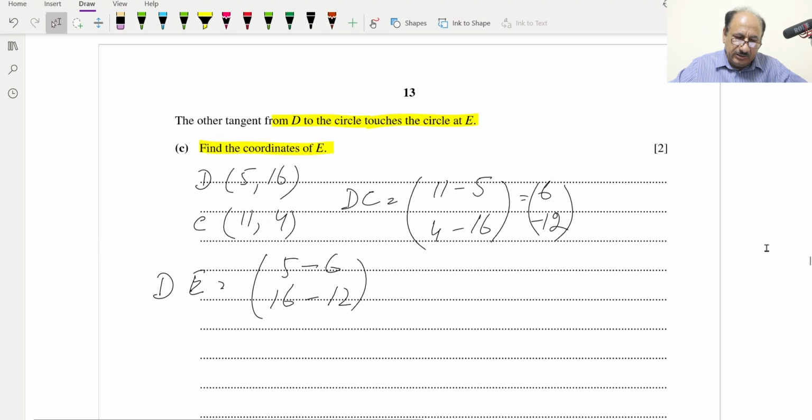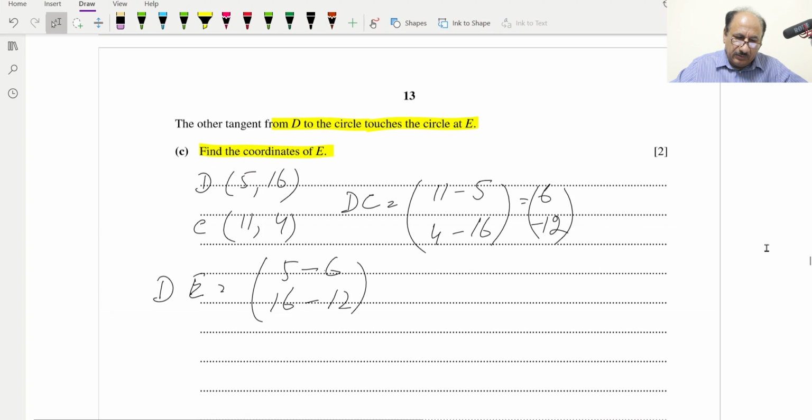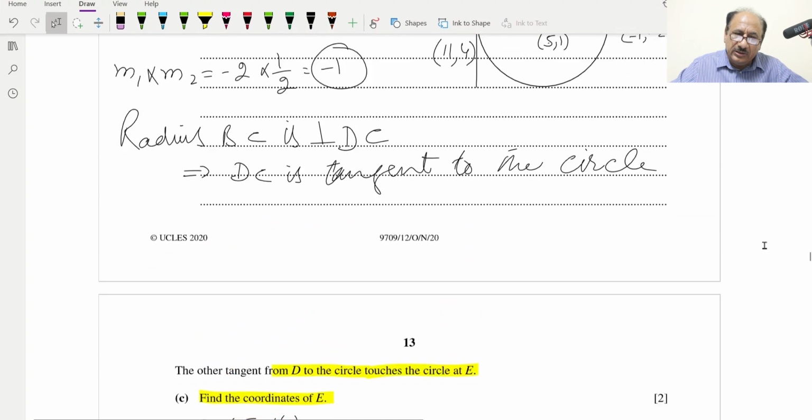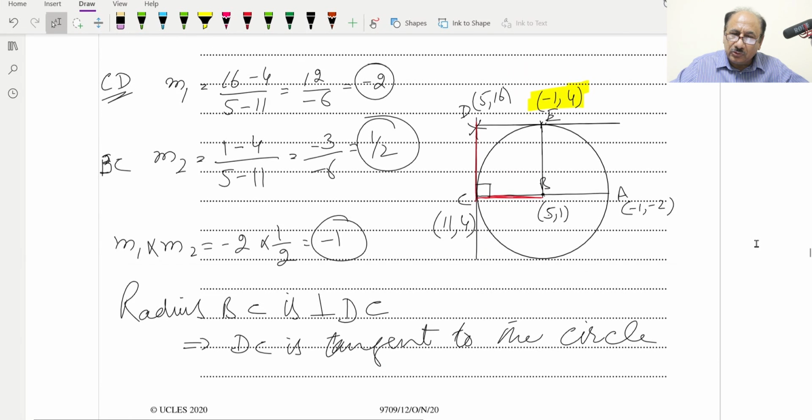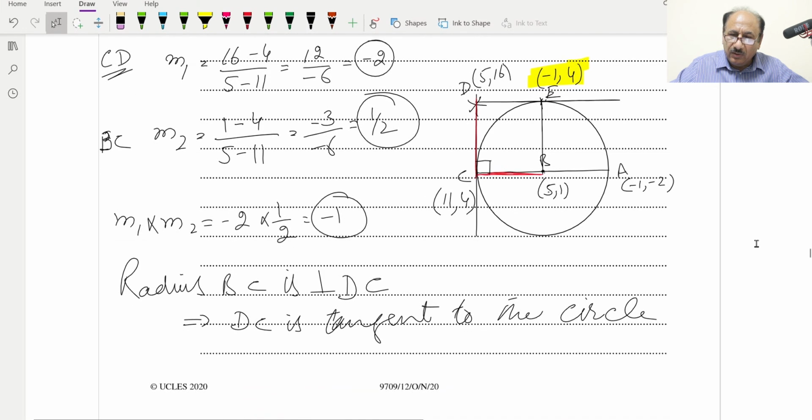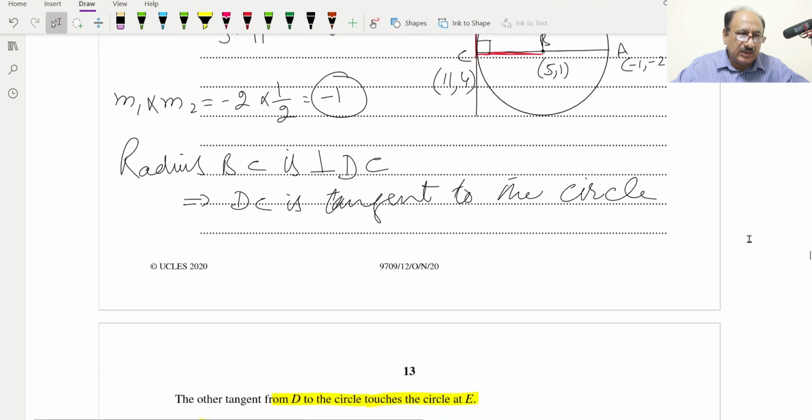This will be the D and E difference. So the D value will be 5 and 16 and the E value will be minus 6 and 12.